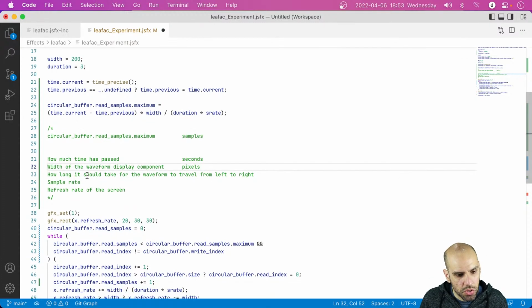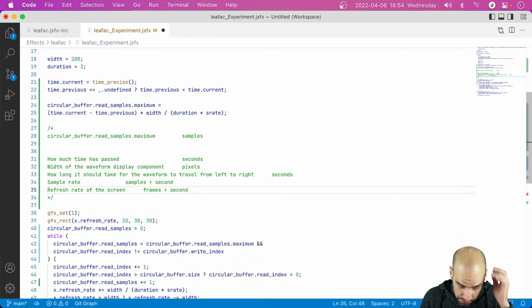Then how long it should take for the waveform to travel from left to right is given in seconds. The sample rate is like 40,000 samples per second. The refresh rate of the screen is how many frames per second.